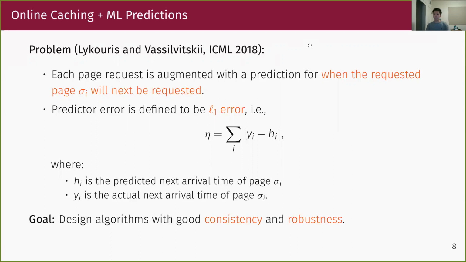One small technical detail that I will gloss over is how pages that are requested for the last time are handled, but this is not important at all for any of the technical discussion. And so with this setup, the goal, as before, is to design algorithms that have good consistency and also good robustness.